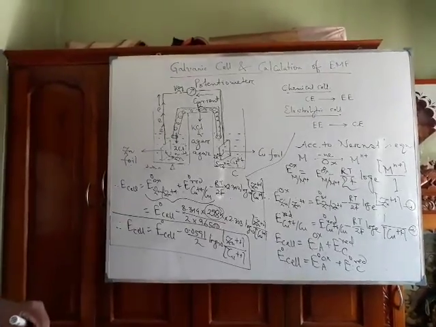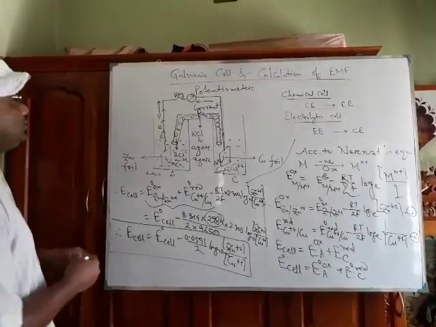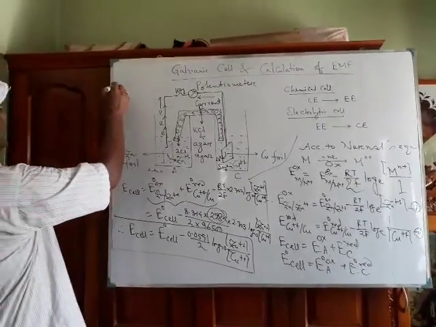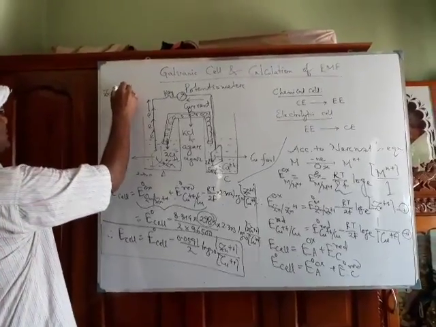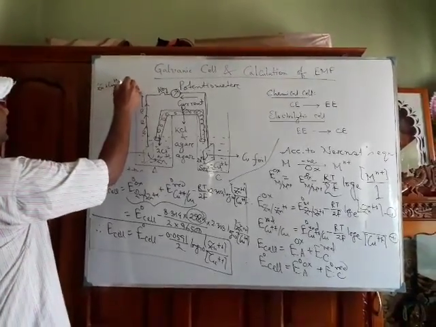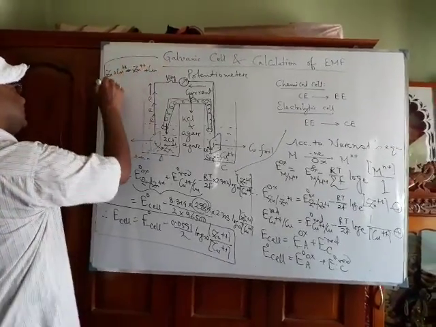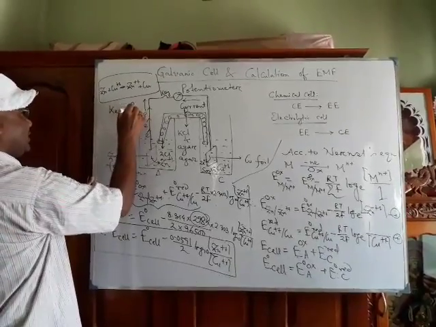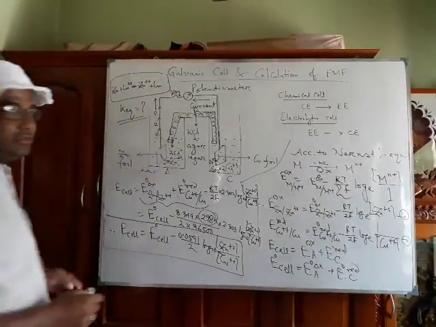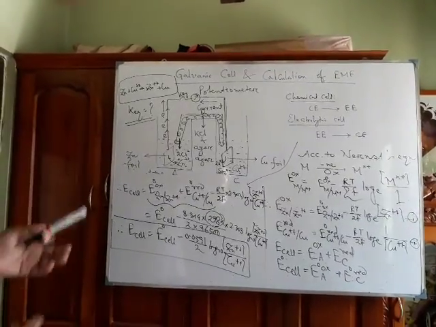Again, when the reaction is at equilibrium, suppose, look, I told you that here the net cell reaction is Zn plus Cu++ giving Zn++ plus Cu. Suppose for this reaction you have to find out the equilibrium constant. Very simple.